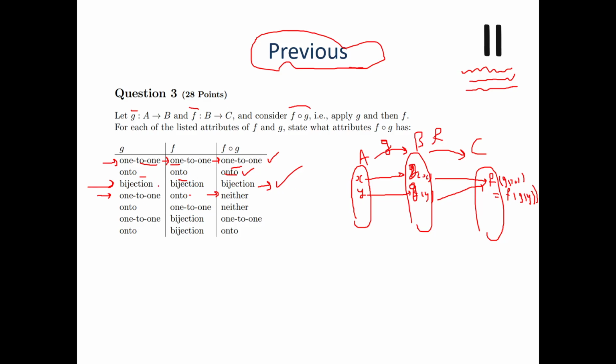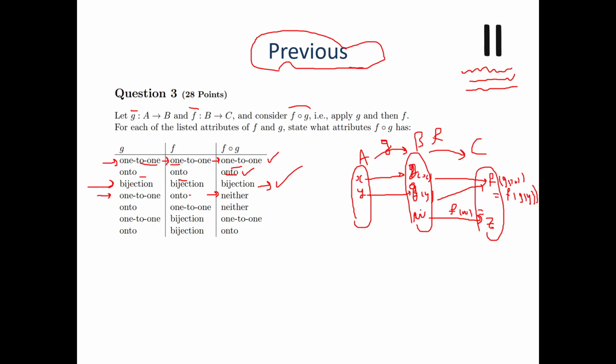What about F being onto, being surjective? Well, if you have some element z here in C, using F, it's definitely going to have a pre-image here. Let's say w, such that F of w is z. That's definitely a given. But G is not surjective.